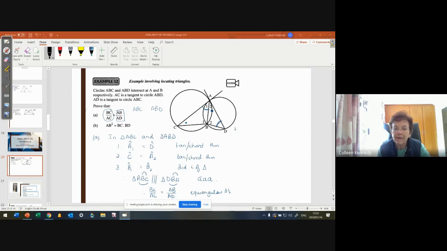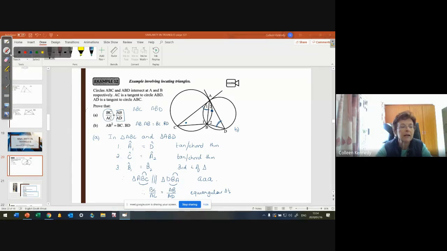All right, in B, if we just unpack this, we've got AB times AB equals BC times BD. So this is just in our thinking. We can make that into our ratios.